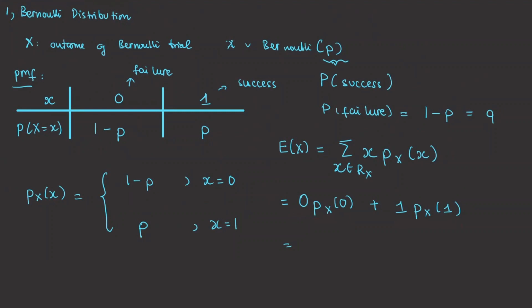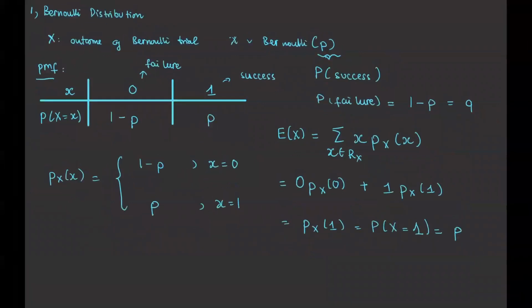And here I'm left with 1 multiplied by the probability X equal to 1, which is just probability X equal to 1. And according to our PMF, this is just P. So we just derived that the expected value for a Bernoulli random variable is equal to P.